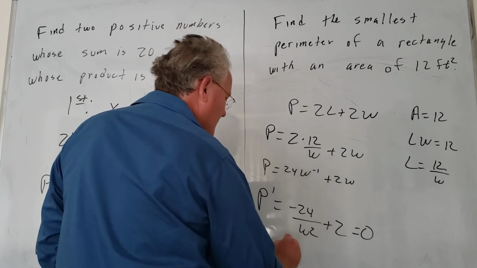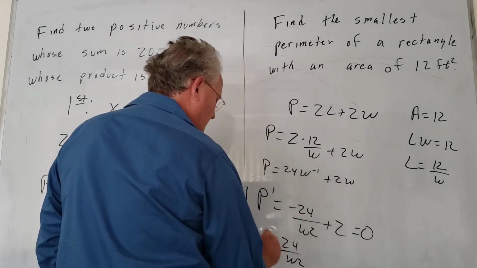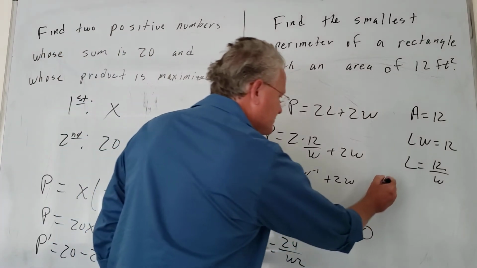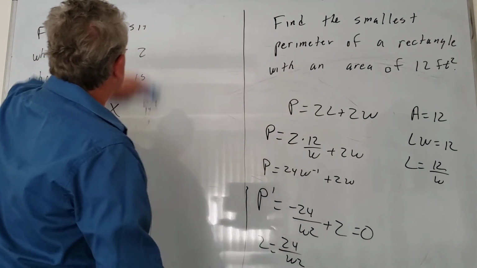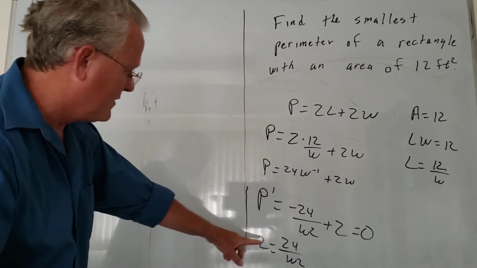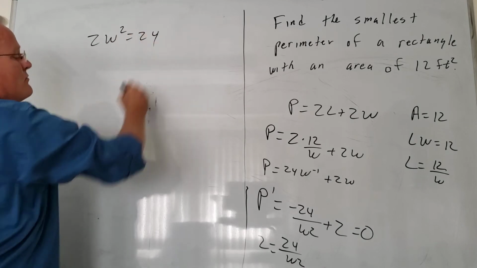So when is this 0? Well, if I add 24 over w squared to both sides, we get 2 is equal to this. When I multiply by w squared, we get 2w squared equals 24.